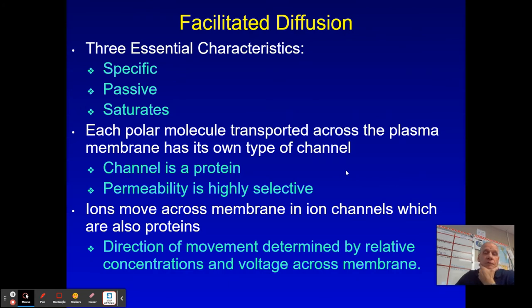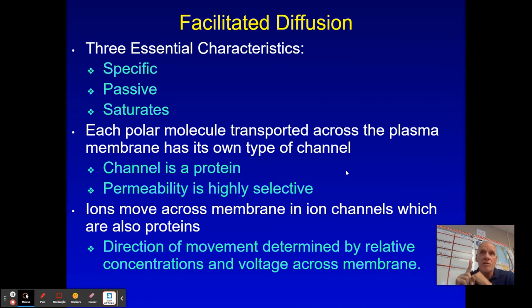Okay, facilitated diffusion is basically the same thing, except it uses a transport protein in order to move across the cell membrane. And it uses a transport protein to move things that cannot diffuse through the membrane. So things like ions and large molecules and polar molecules and things of that nature. But there are three major points to facilitated diffusion.